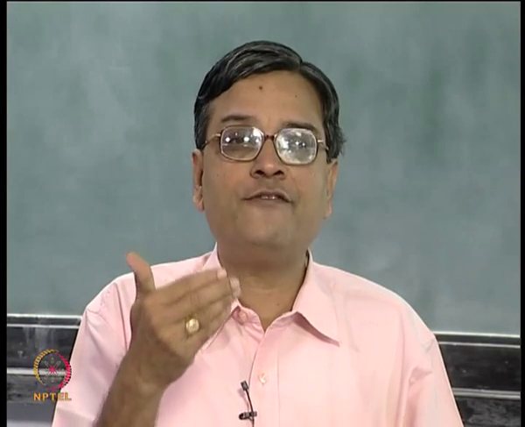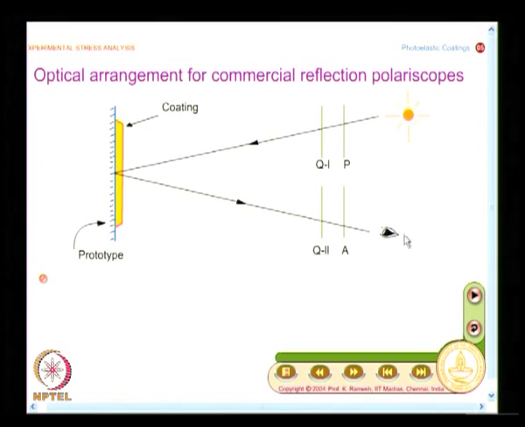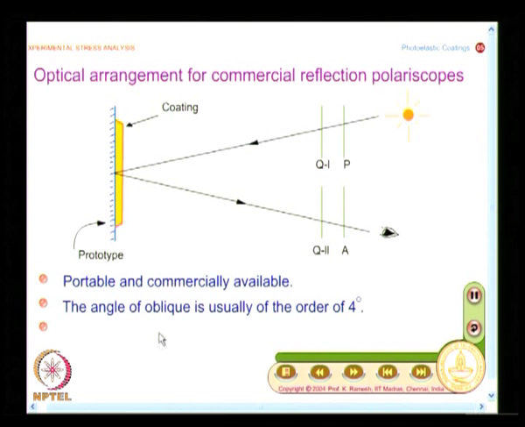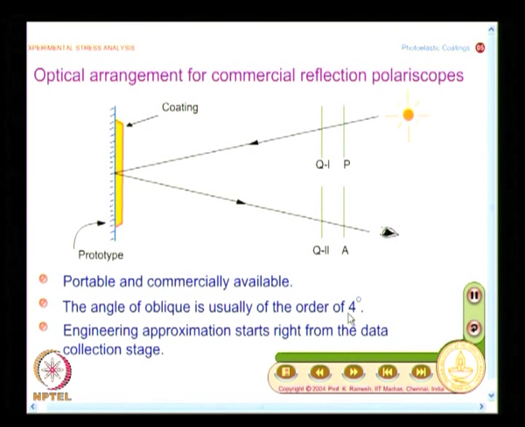So, they use telephoto lens which will focus objects at a distance very conveniently, and by keeping the optical elements away from the model you reduce the angle of oblique, and this is of the order of about 4 degrees. The angle of oblique is usually of the order of 4 degrees.